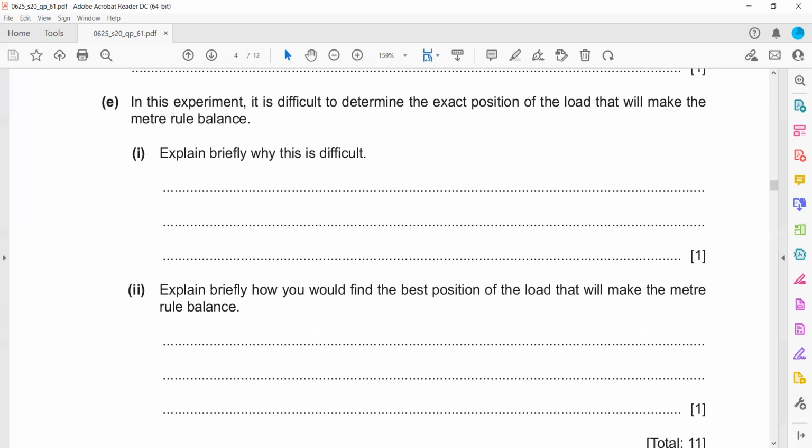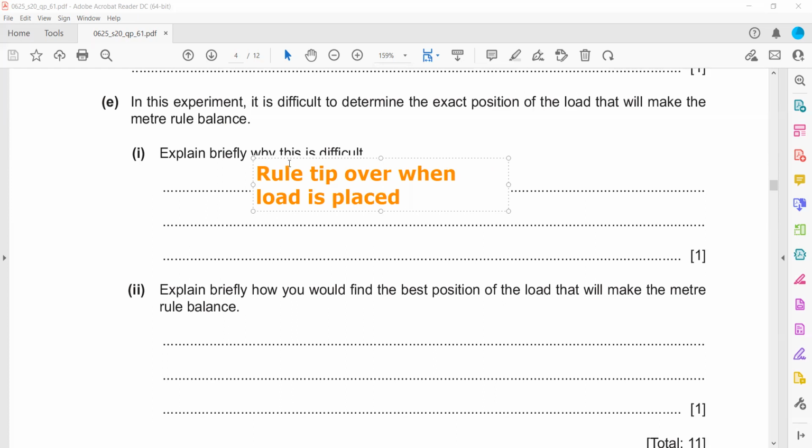The main difficulty is that it is difficult to obtain a balance point, or the rule might tip over when the load is placed on it. So that is the main difficulty in this experiment.